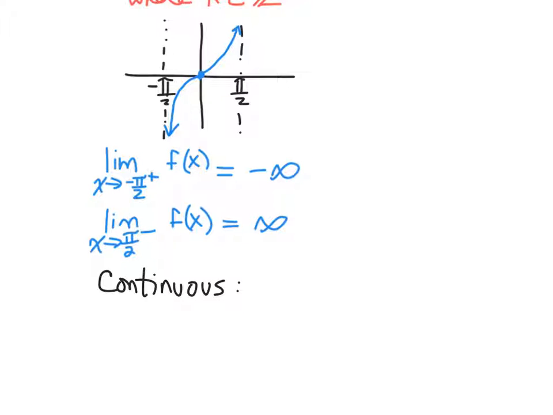On the interval of negative pi over 2 to pi over 2. But I want to replicate that interval infinitely. So I want to allow for this to happen again and again and again this way, again and again and again that way.